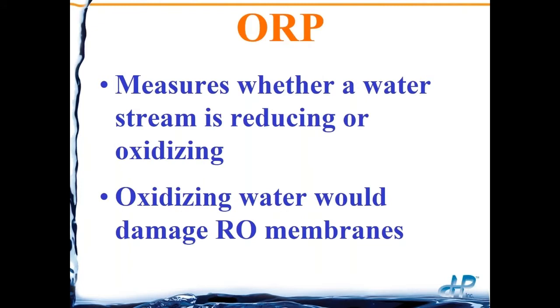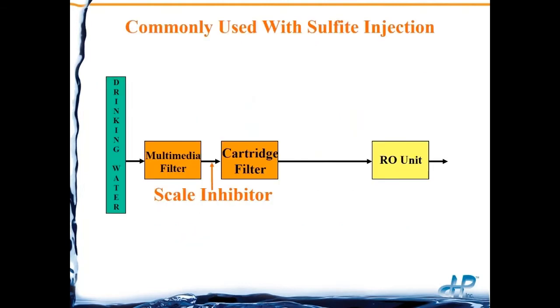Well, chlorine in water, chlorine is an oxidizing agent. Chlorine wants to take electrons, and it may take those electrons from something we don't want it to take electrons from, like an RO membrane. So it's important, if we have a chlorinated feed water in front of an RO unit, that we dechlorinate so that we don't destroy the RO membrane.